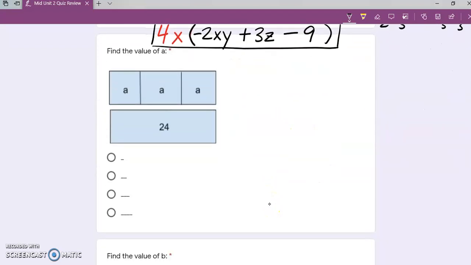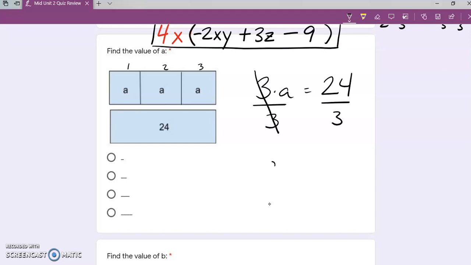Okay, this one, the value of A. I have 1A, I have 2A, and then I have 3A's, and they're all equal to 24. This is a simple one-step equation based on the model. If it's 3 times A, I need to do the opposite and inverse and divide both sides by 3. So A is equal to 8.